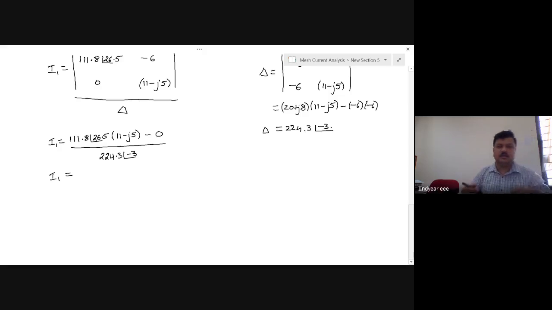You can enter directly the polar form also in complex calculations. Okay. So only I have taken mixed polar and rectangle. It should be practiced to you.